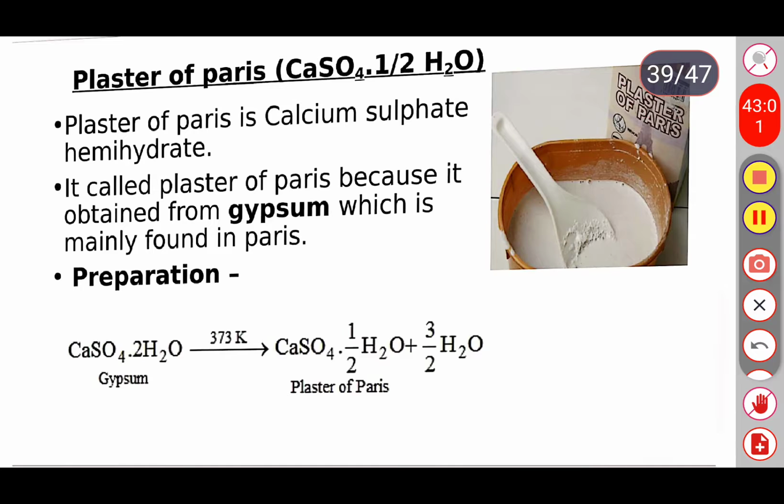The chemical formula of plaster of Paris is CaSO4 1/2 H2O, it means half a molecule of water.